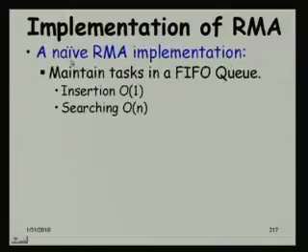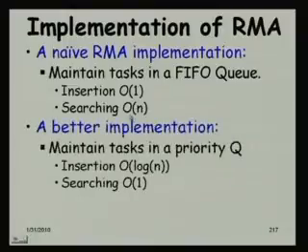The simplest implementation is a first in first out queue. Insertion is simple, I mean efficient, O(1), whereas for searching you have to search all the tasks, so that is O(n). So, considering the number of searches you have, it is very inefficient.